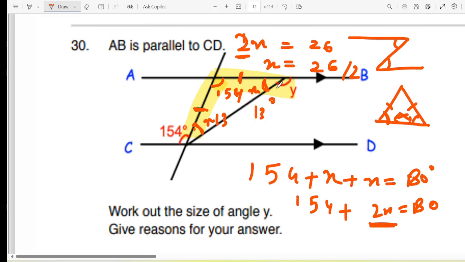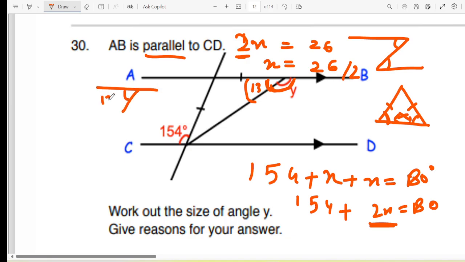Now I have to find y. So let me erase this. I just got this 13, right? And this is a straight angle because this is a straight line. If this much is 13, because we know linear pair, right?